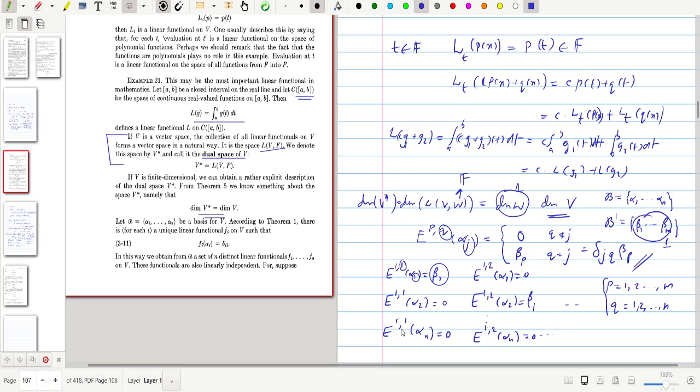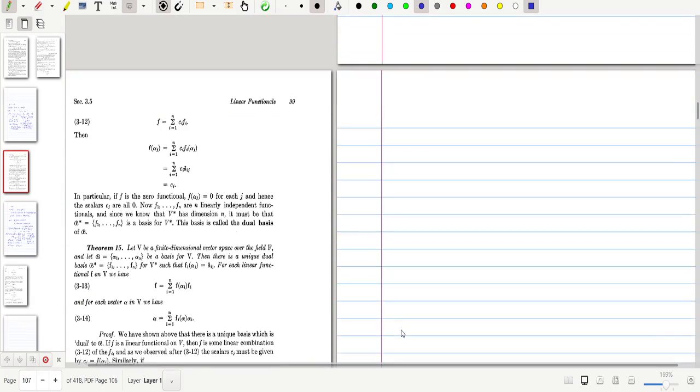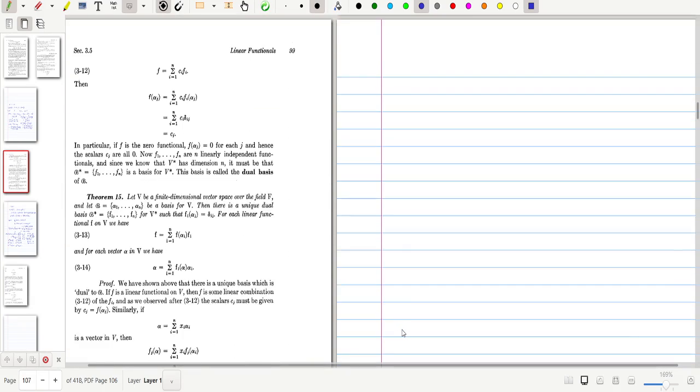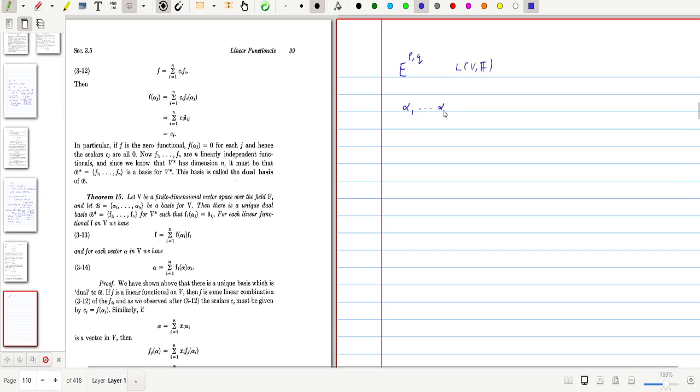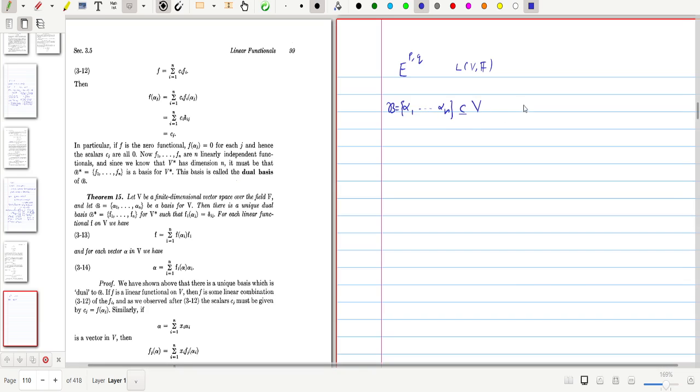Now we can consider the basis E_pq in case of L(V, F). For that we consider a basis alpha 1 etc. alpha n. This is the basis of V, and we have B prime.